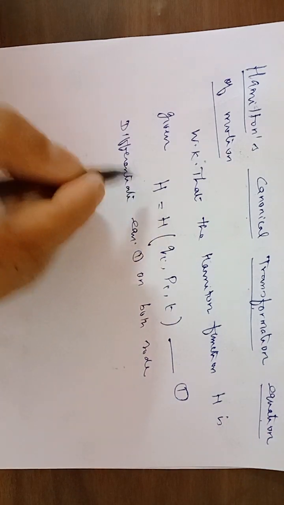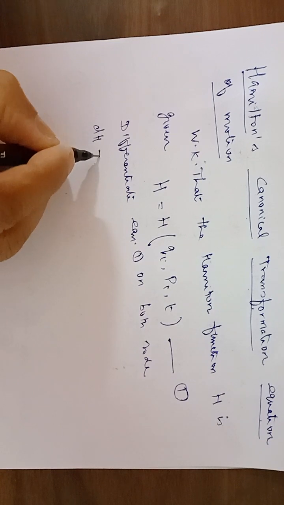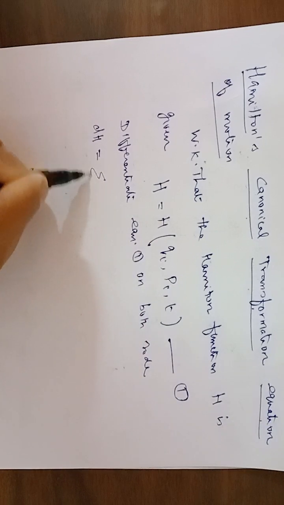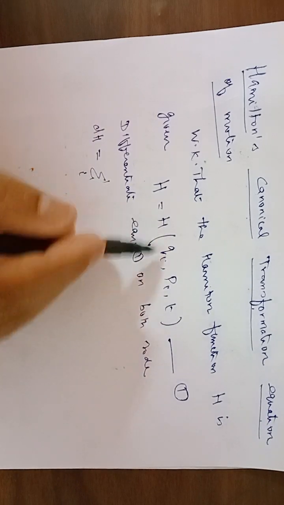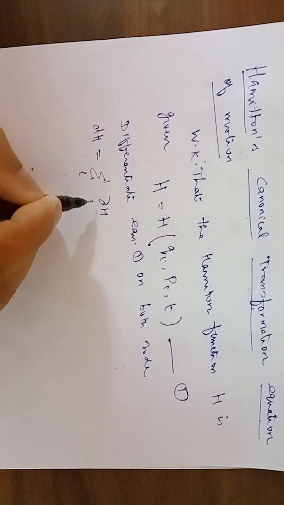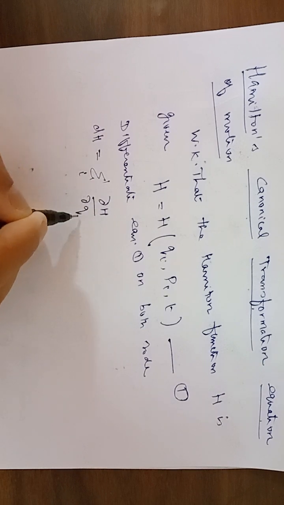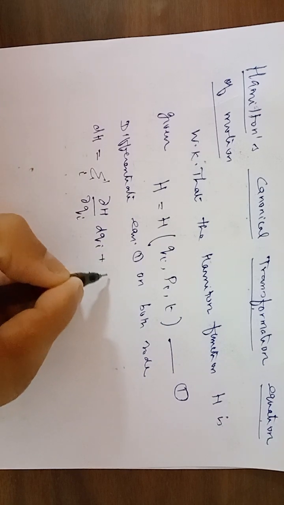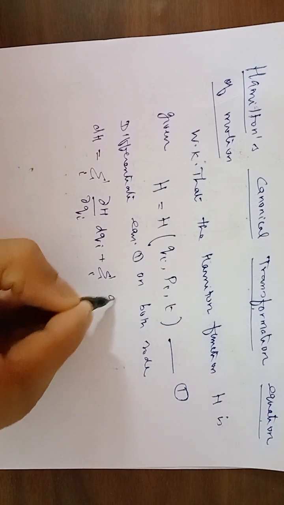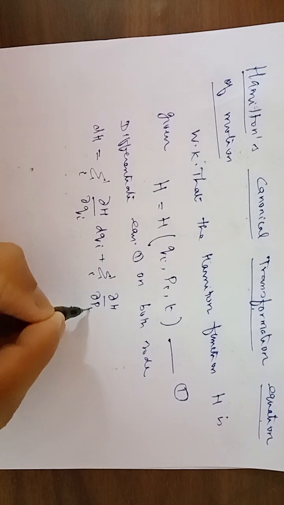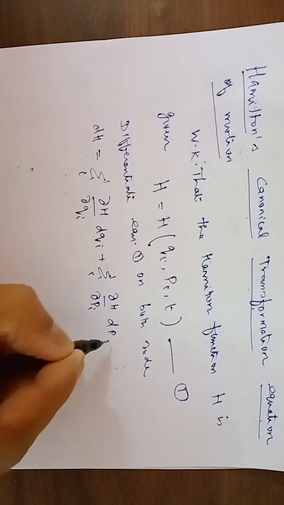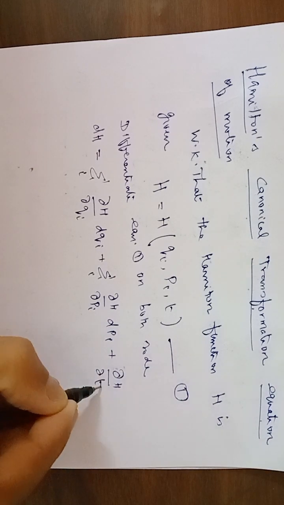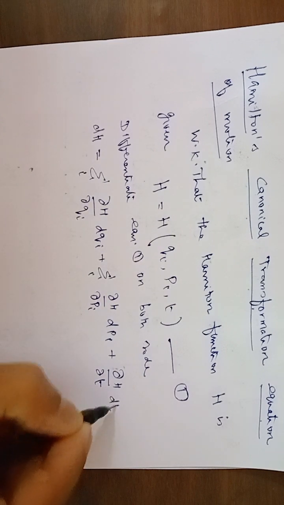So what will happen? dH is equal to, since there are i number of terms, summation over i of partial H by partial qi into dqi, plus summation over i of partial H by partial pi into dpi, plus partial H by partial t into dt.